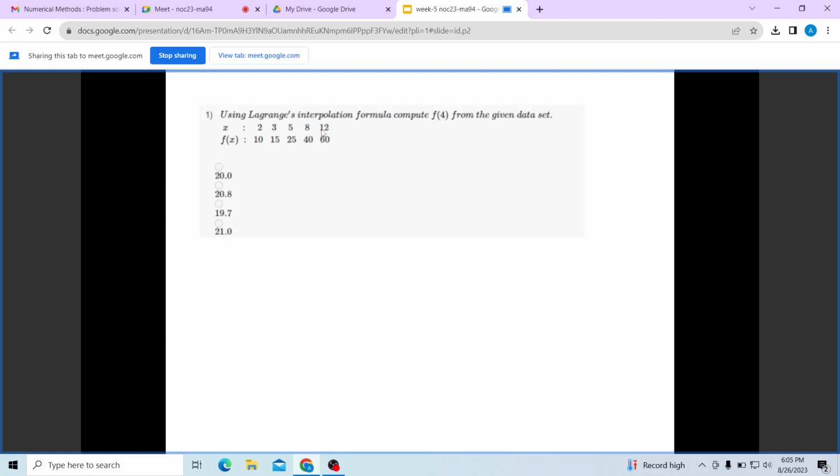So interpolate the value at x equals 4 using Lagrange's interpolation formula. Find out what the value of f of 4 is. Is it 20, or 20.8, or 19.7, or 21.0? Just use Lagrange's interpolation formula and compute the value at x equals 4.